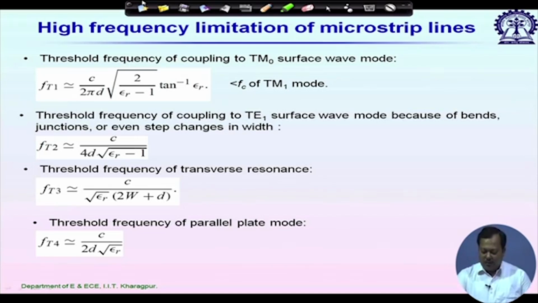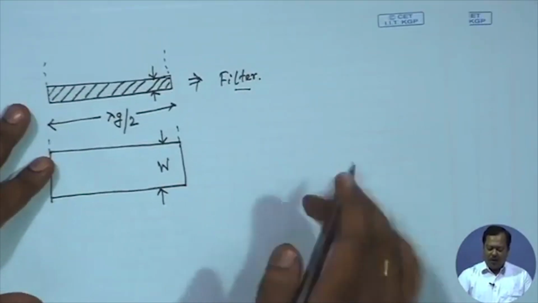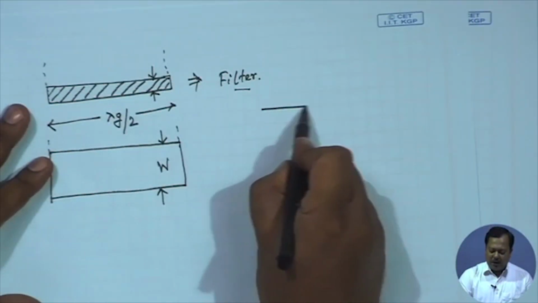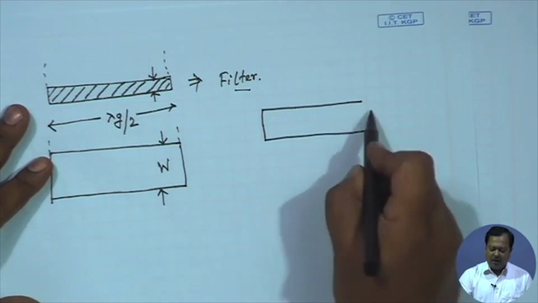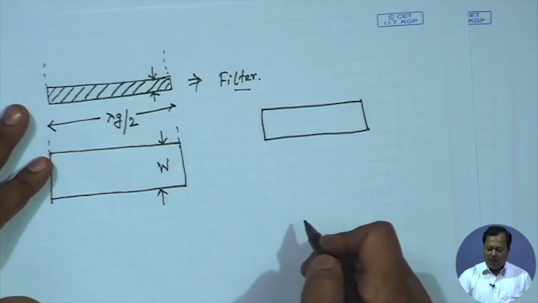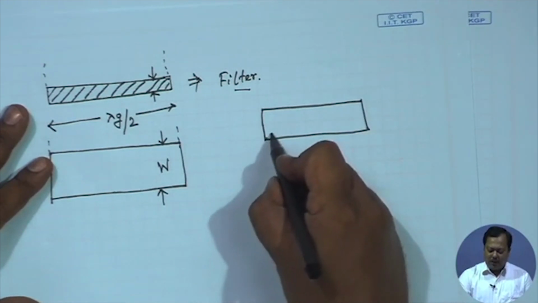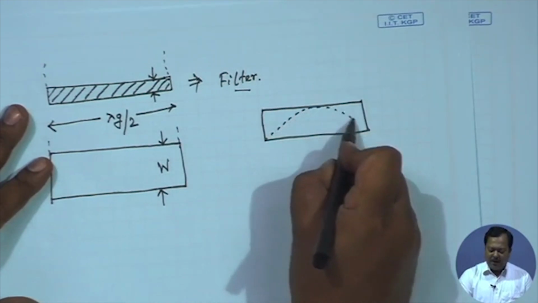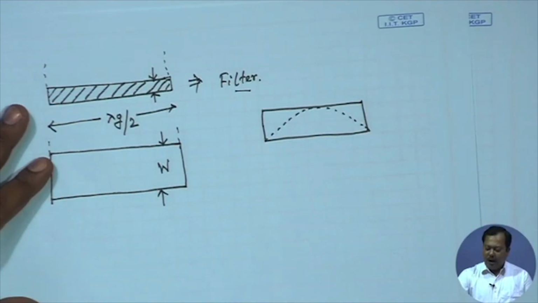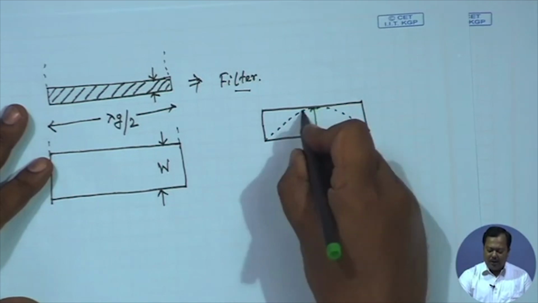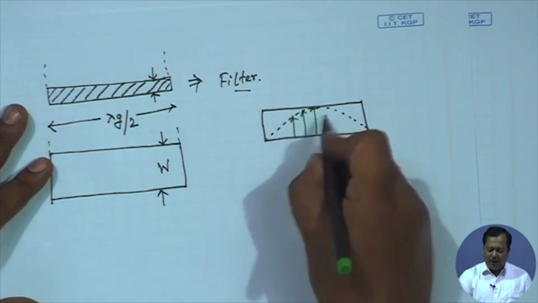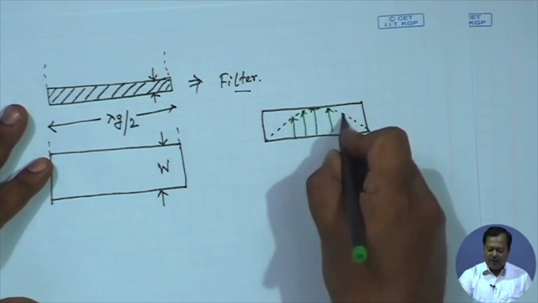So, before microstrip line, let us recall the field configuration for TE10 mode inside a rectangular waveguide. If I draw the field strength, it varies sinusoidally and it is maximum on the central plane, and then on the left and right hand side it decreases.